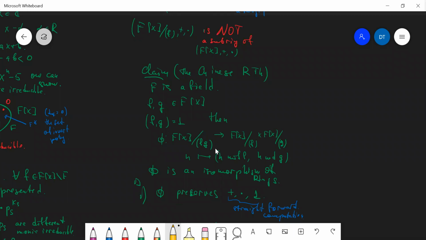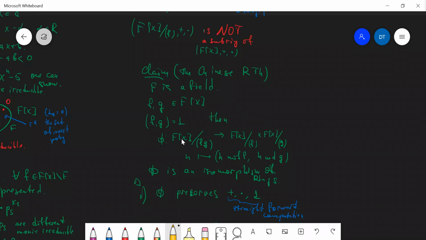And now you have a map between these two rings. You take an element here, which is a polynomial of degree strictly smaller than the degree of the product, and you take this polynomial h to its remainder with respect to f. So you just divide h by f with the remainder and put here the remainder, and then you divide h by g with the remainder and put here the remainder.